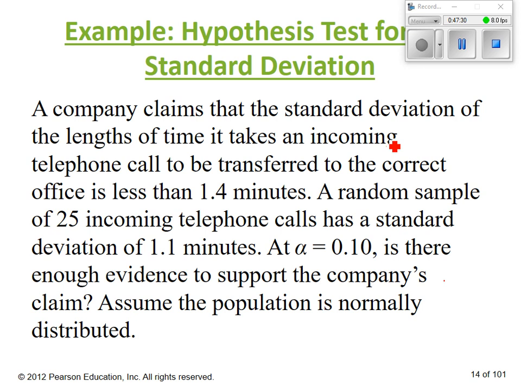The alternative, so look, there's enough evidence to support the claim that, what was the claim? Standard deviation of whatever time to be transferred is what? Is less than 1.4 minutes. Make sure you can write all that out.